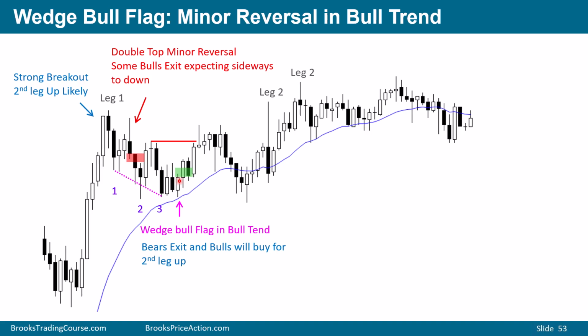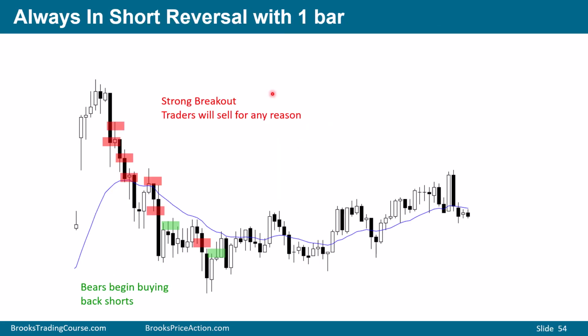The market tried to rally through here, and it started to stall. Some of those bulls will exit and look to buy again here. Other bulls will stay long, taking a chance that this leg here at leg 1 will get broken, which it did here and here. Always in short, a reversal with 1 bar.